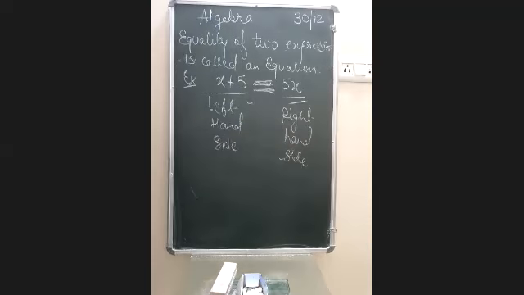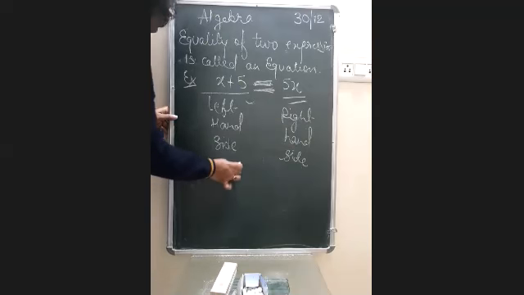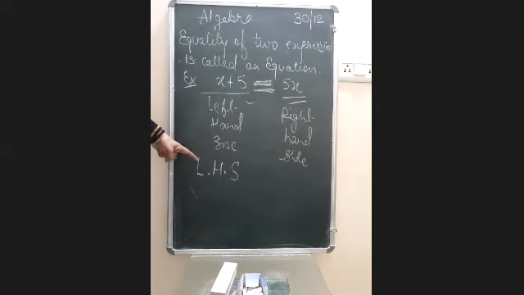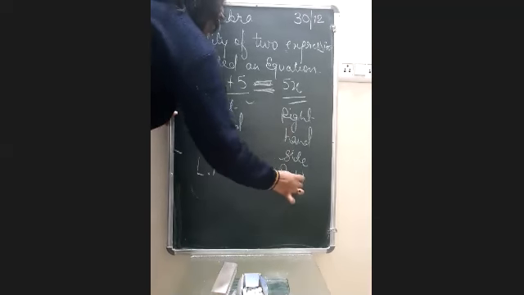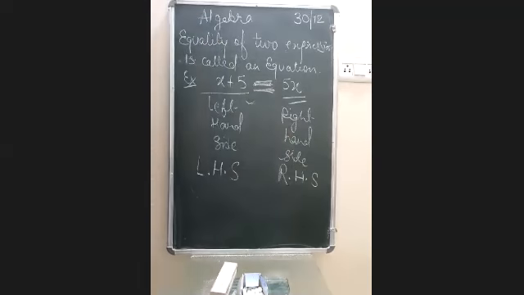Okay, in short form we call this LHS, left hand side, and that side is called RHS, right hand side.